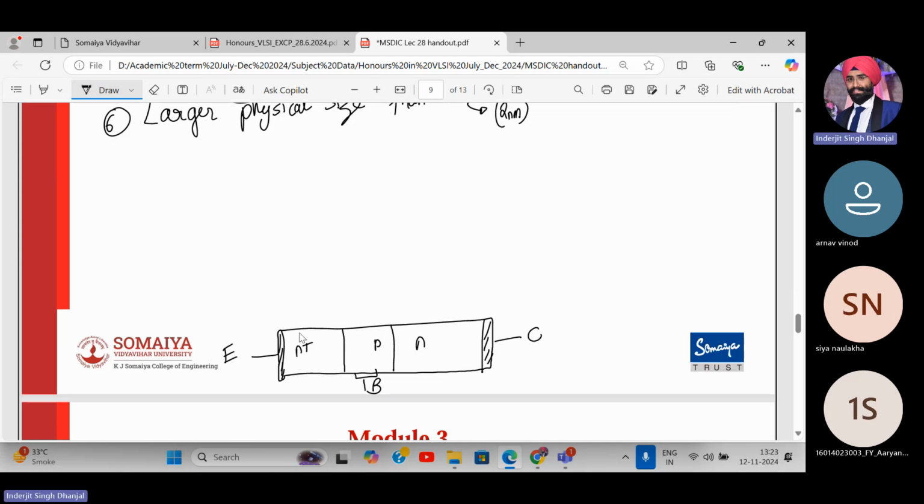Now in modern day, this is not how a BJT is actually fabricated. BJTs are fabricated for integrated circuit applications in the form I'm showing you. It's a planar process.